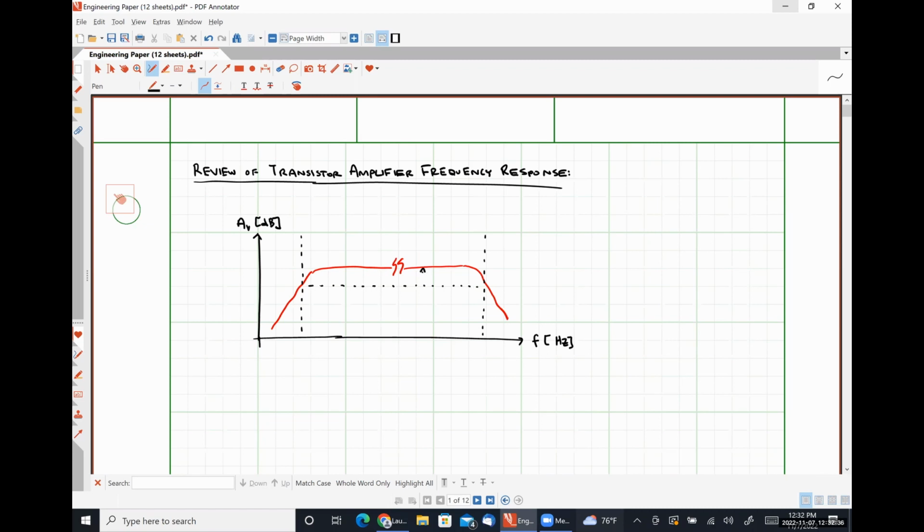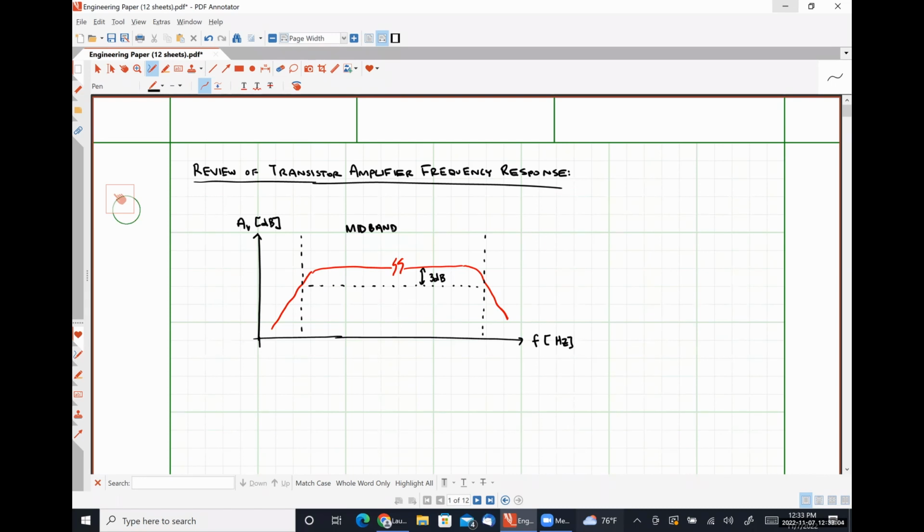This region here, from where our voltage gain is at its peak and up to 3 decibels lower than that, is largely the important bit here, okay? So we are going to call this region in the middle the midband.